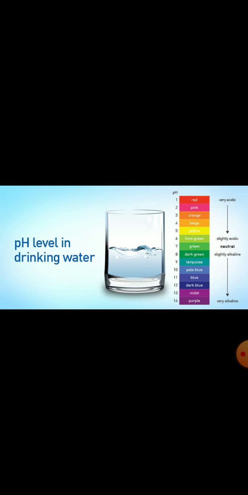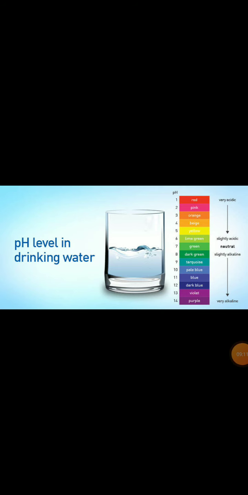But in chapter number 2, we have learned about the pH of water, we have learned about the pH scale, right? So the pH of water is something which we can easily check by universal indicator.